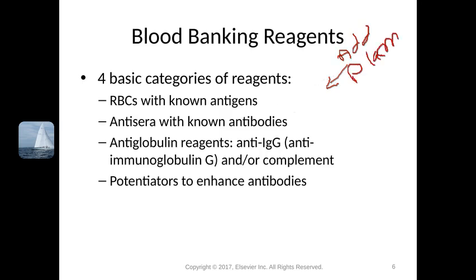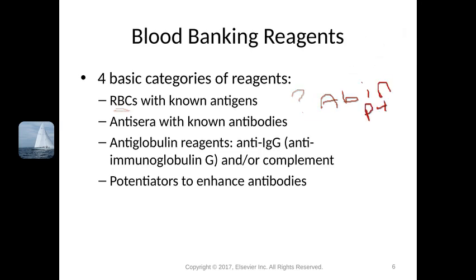Because if we have the red stuff, what are we looking for? We're looking for antibodies in the patient. So we're looking for patient antibodies. I know my handwriting on this one, my Apple Pencil died, but I want to keep going and get you the stuff. So we're looking for the antibody in the patient.